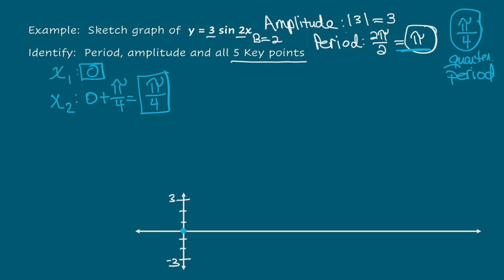So my first increment here, and I'll show you how to mark those increments off. My first one's going to be at pi over 4. So this will be what I count by, pi over 4. So then my next one's going to be 2 pi over 4, which is actually pi over 2. That reduces to pi over 2.